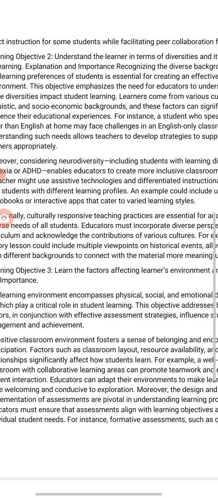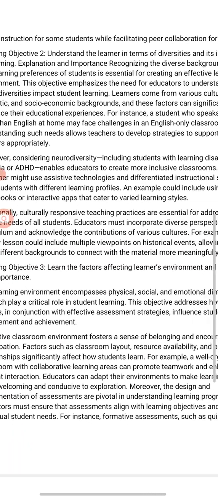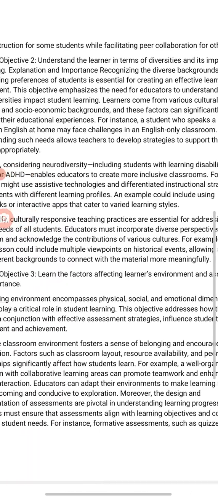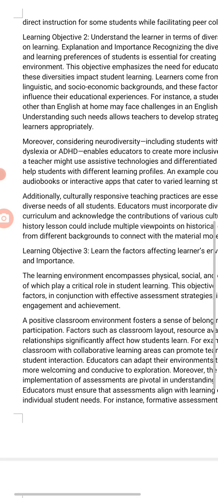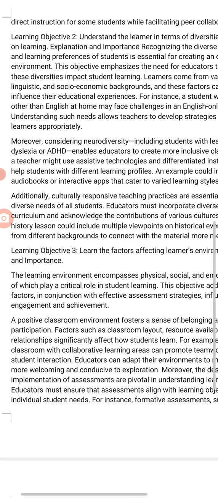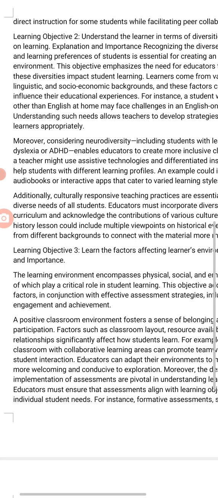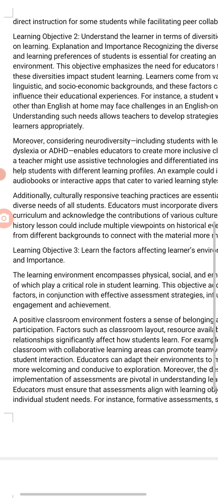Understanding such needs allows teachers to develop strategies that will support the learners appropriately. Understanding the cultural backgrounds and the linguistic and socio-economic barriers can give the teacher a clue on how to navigate in order to bring effective learning to the student.